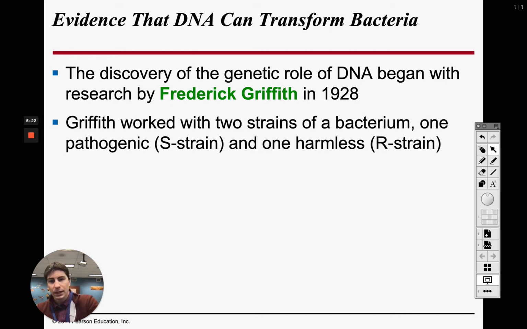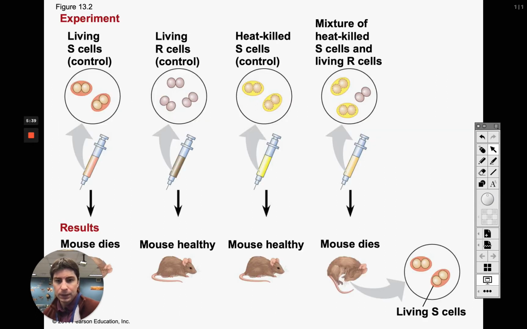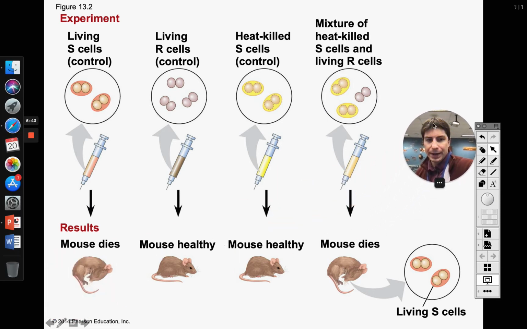So they were doing different experiments, and they used two different strains of bacteria. They used an S strain, which is bad, and they used an R strain, which is not bad. So here's what they did. Again, S strain bad, R strain not bad.